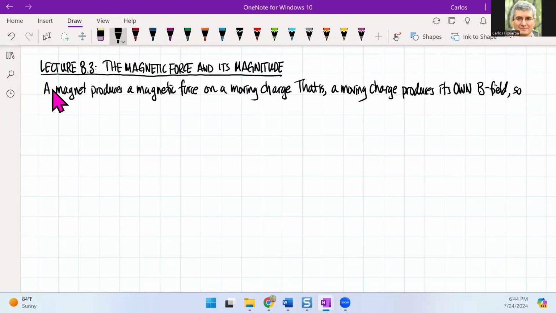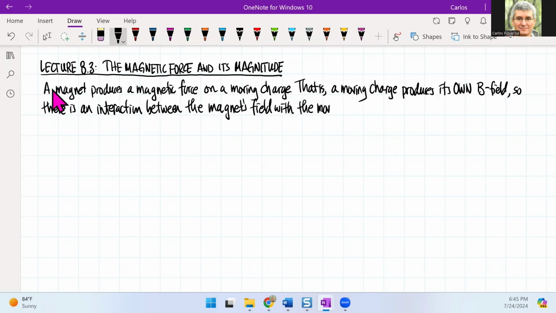So there is an interaction between the magnet's field with the moving charge's field.